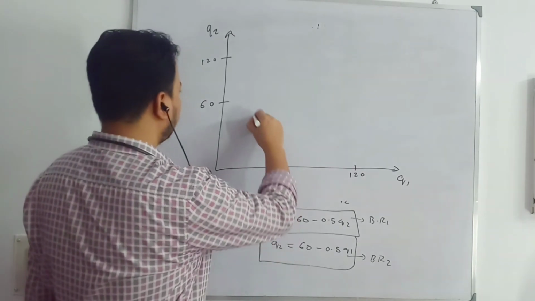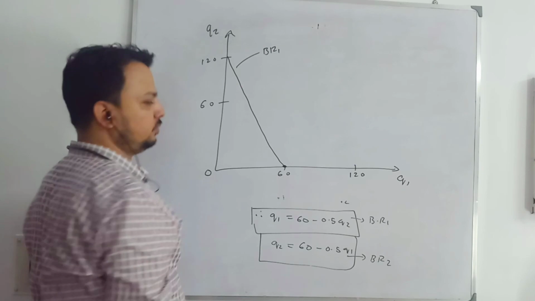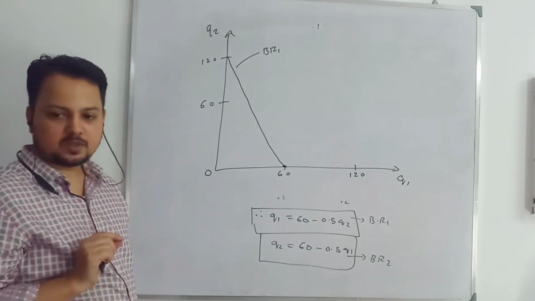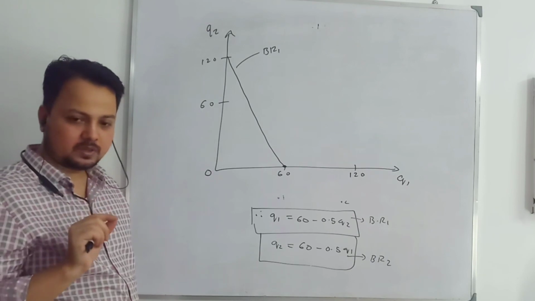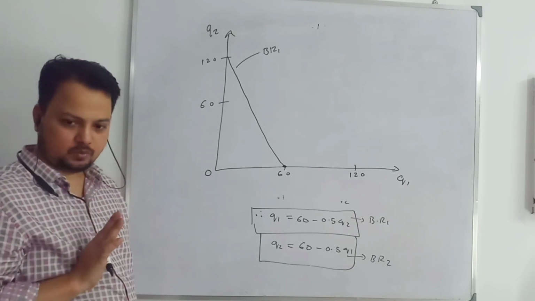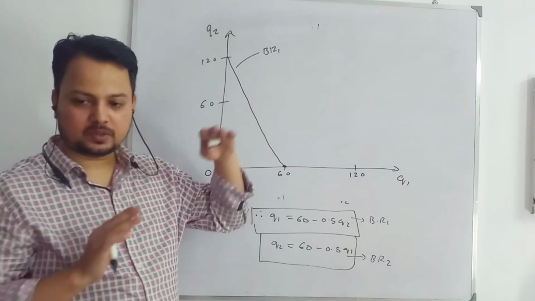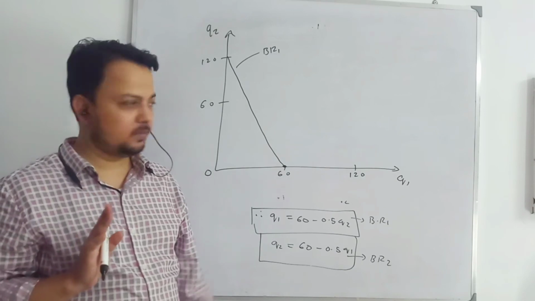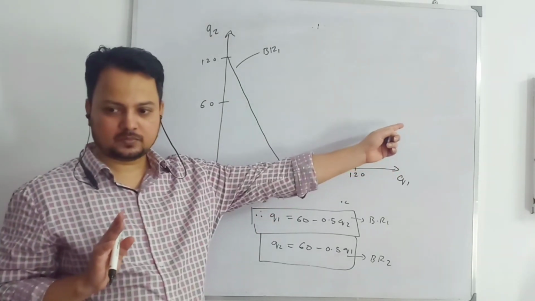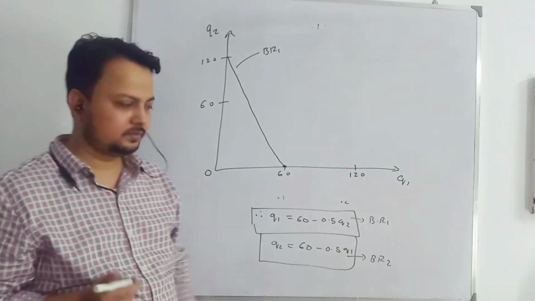Okay. So this is the best response of firm 1. What is the definition of best response? It is the profit maximizing output level of firm 1 for the given output level of firm 2. As firm 2 is changing its output level, the profit maximizing output level will change for firm 1. If you remember the isoprofit curve, after a certain point the isoprofit curve also changes, right?